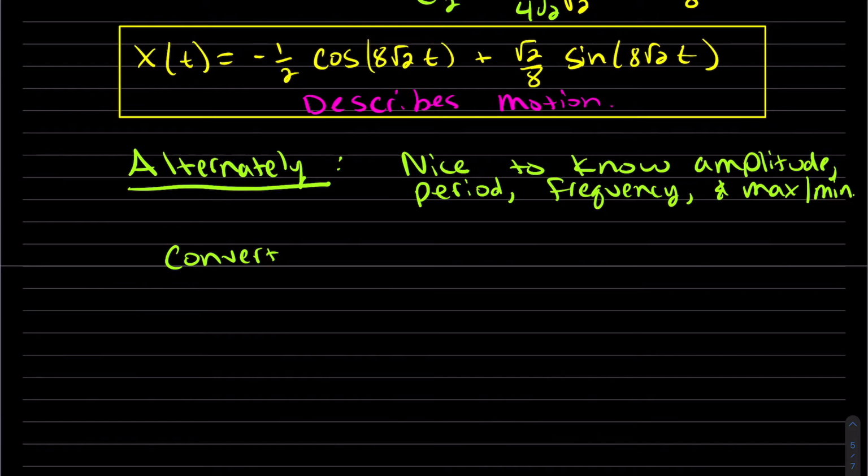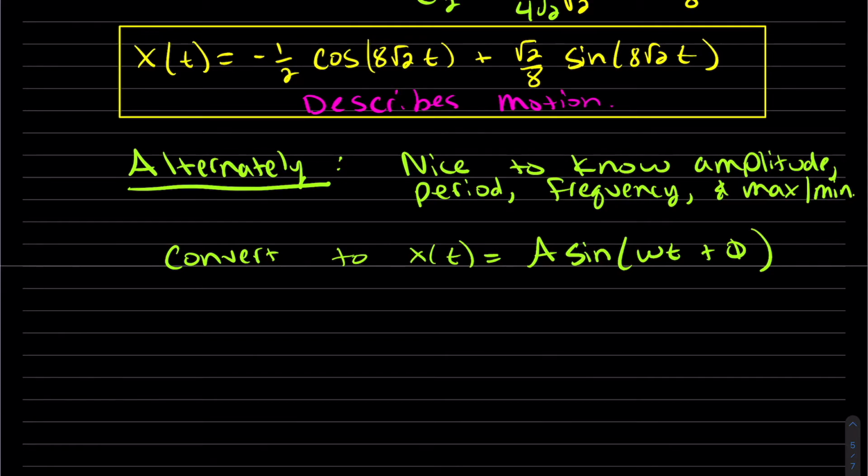So we're going to convert, we'll do it in general first, and then we'll come back and do this problem. We're going to convert to x of t equals A sine of omega t plus phi. So as you notice, we already have found omega. Okay, so that was our angular velocity, and it's in this formula.